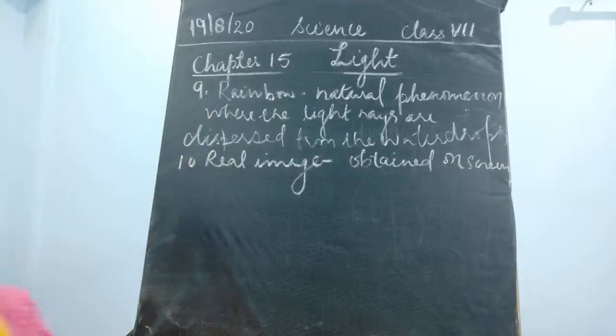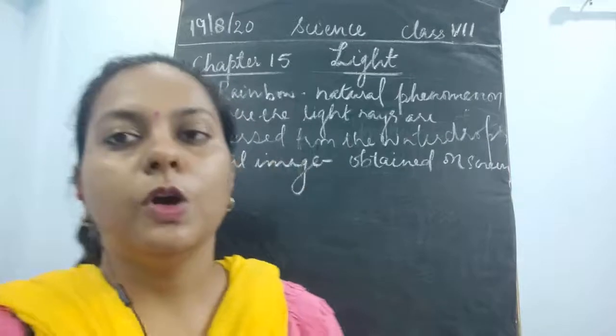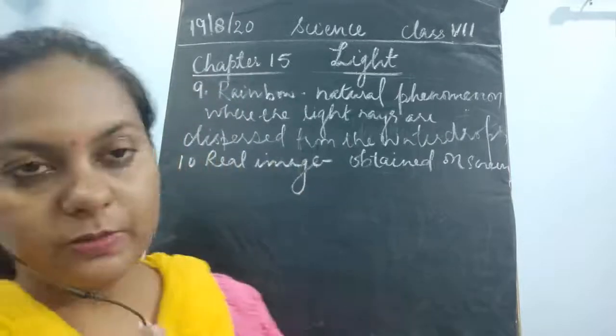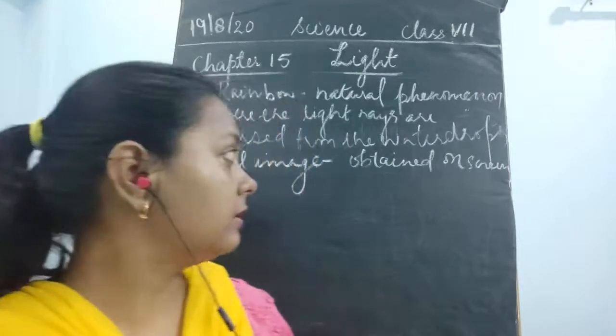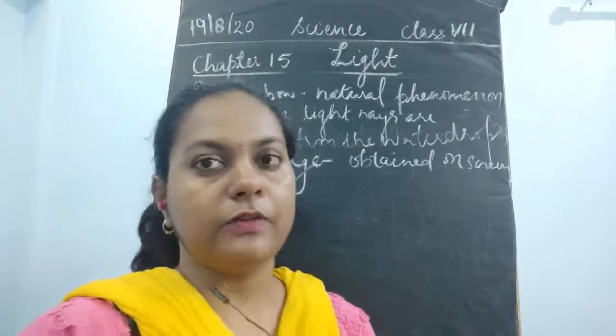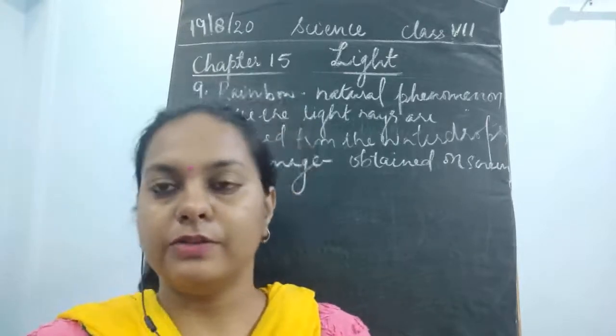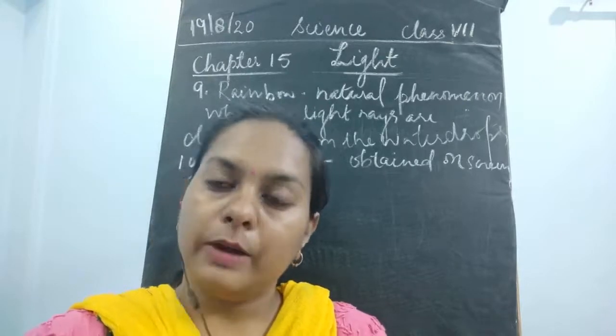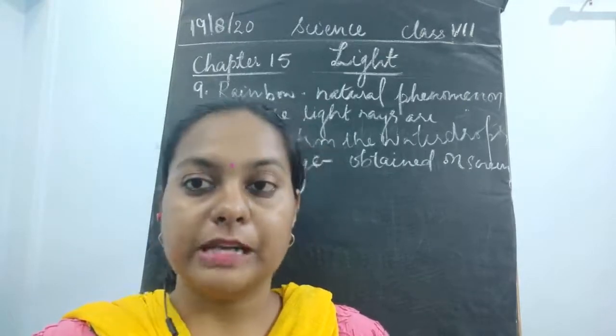We have discussed this several times when I was teaching you the chapter. Real image means it is the image which is being obtained on the screen. It could be the screen of your laptop, your television, your mobile, or the cinema hall screen.